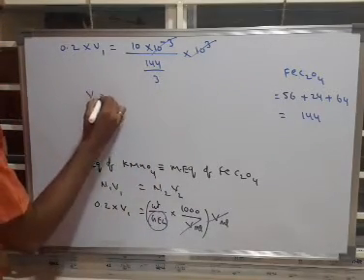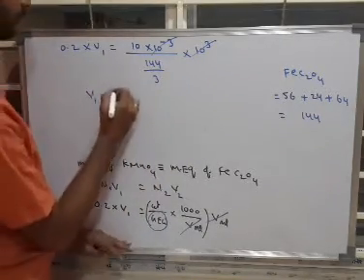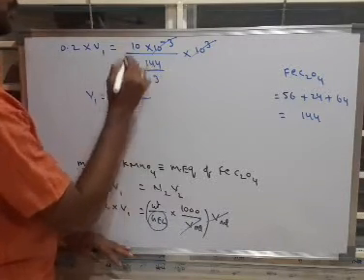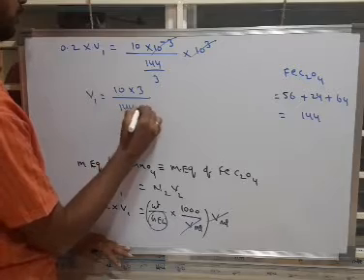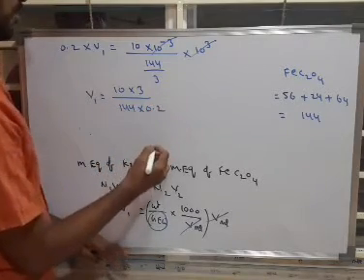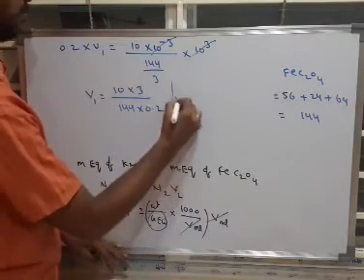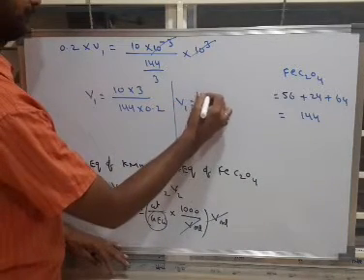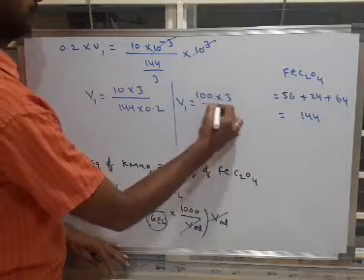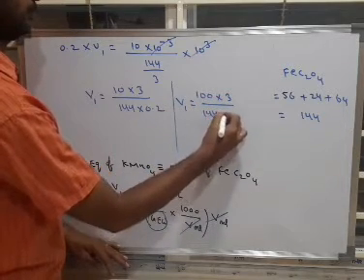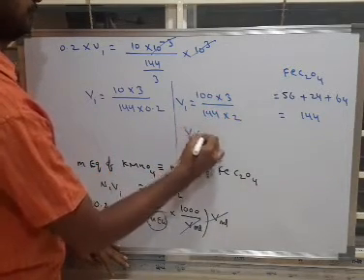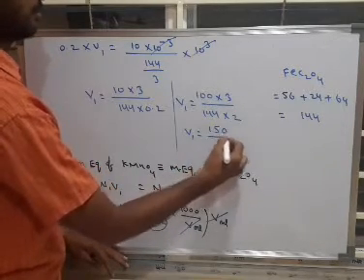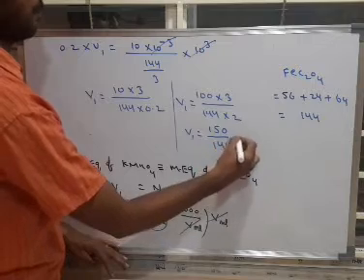So finally we will get V1 equal to 10 into 3 by 144 into 0.2. Then our overall calculation is like this: 150 by 144.